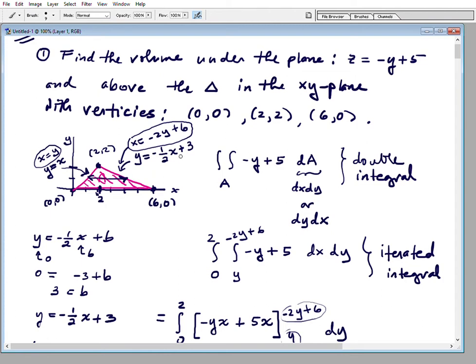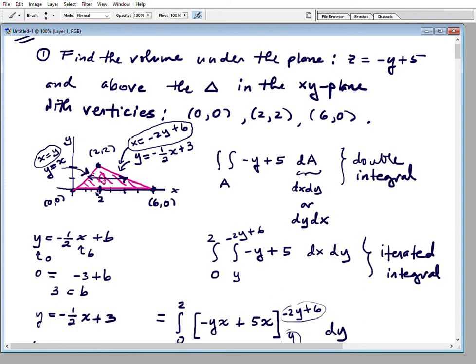Okay, we got the slope and we got the y-intercept. But then we decided we can't integrate first with respect to y, because then we would need two integrals, because y goes from the x-axis to the first line if we're here, but if we're to the right of 2, it goes from the x-axis to a different line. So if we do dy first, then we have to split it up into two integrals.